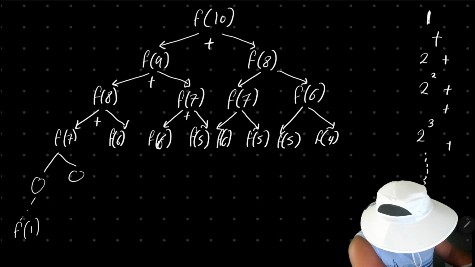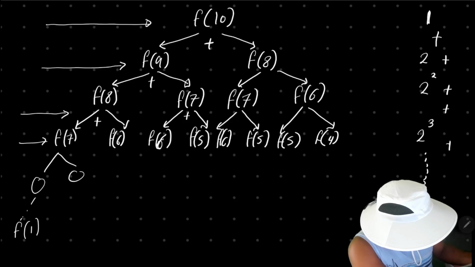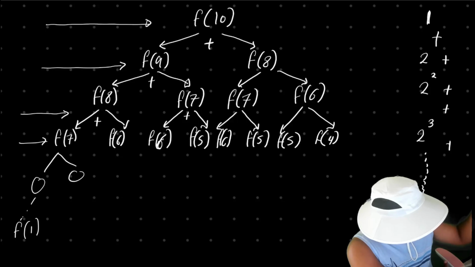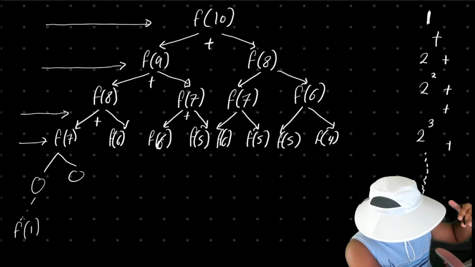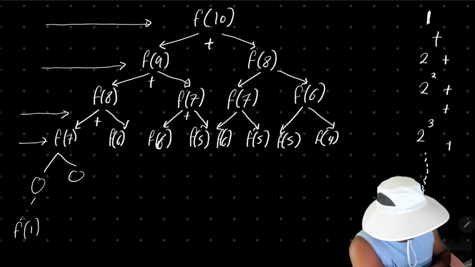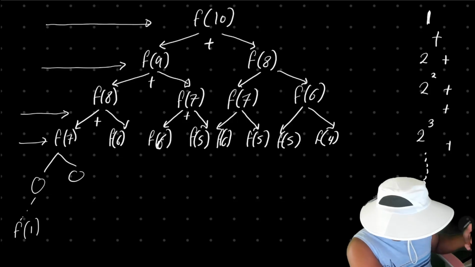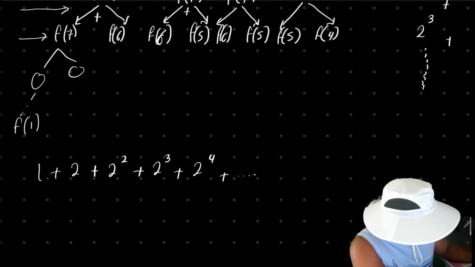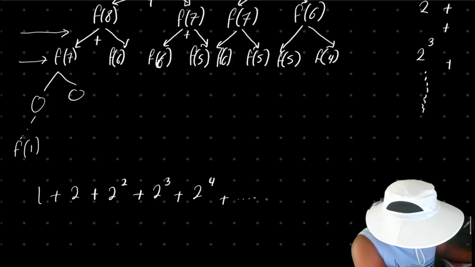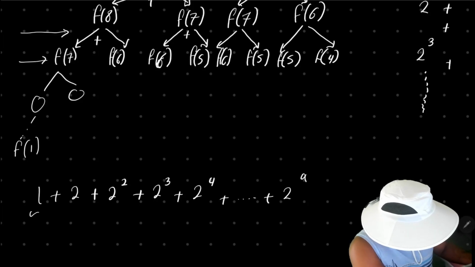You start from f of 10 at the very top, and then you have f of 9 and f of 8, and then f of 8, f of 7. So you're going from 10, 9, 8, 7, all the way to 1. So you have 10 different terms. The very last one will be 2 power 9. That will give you 10 terms.